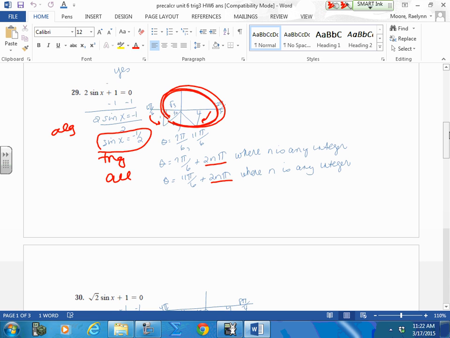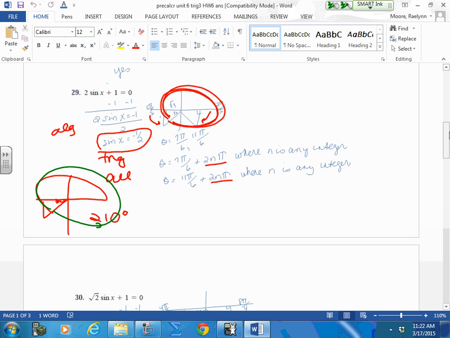I just don't like the plus 2n pi. So let's talk degrees a second. This is a 30 degree reference angle, so what angle is this in degrees? 210, right? Now, if I want another angle that's coterminal to this, I have to go around another 360 degrees and get there again, right?